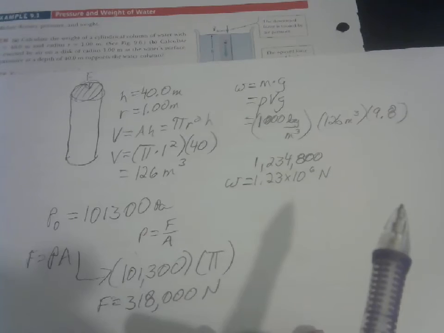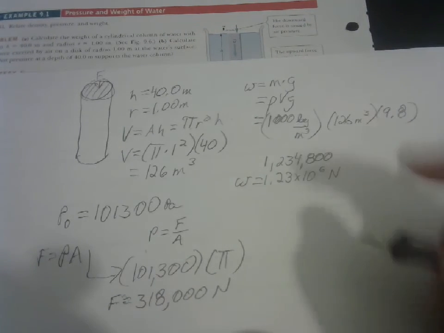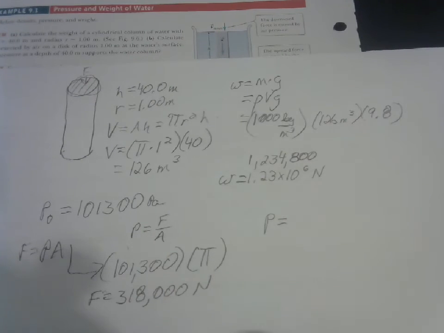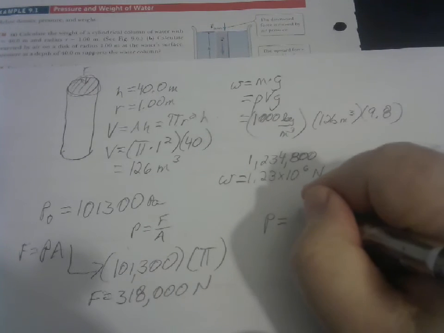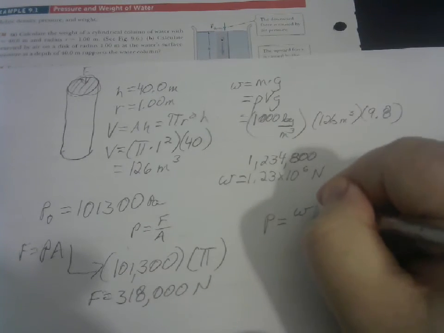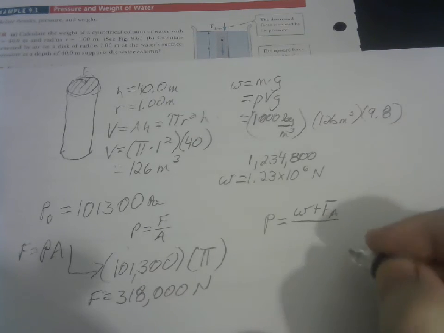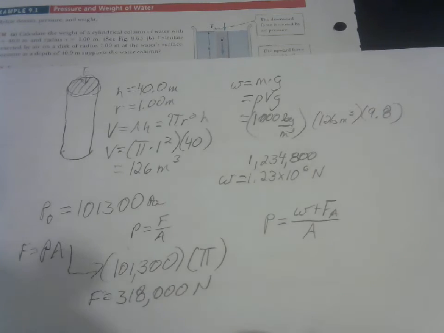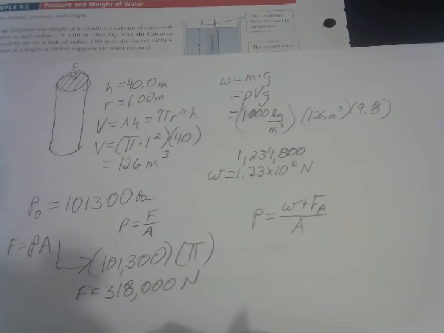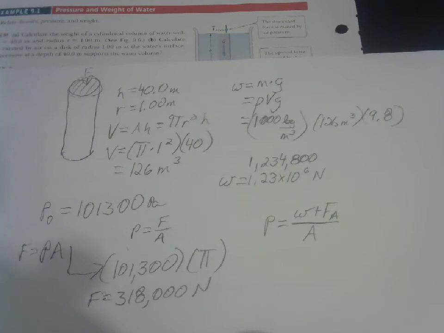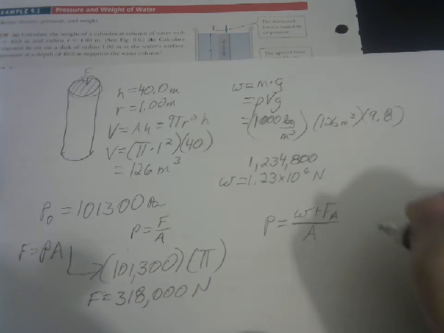So the pressure is going to be equal to the weight of the water column plus the force of the air divided by the area. We're going to use both of those together. Let me actually show this.